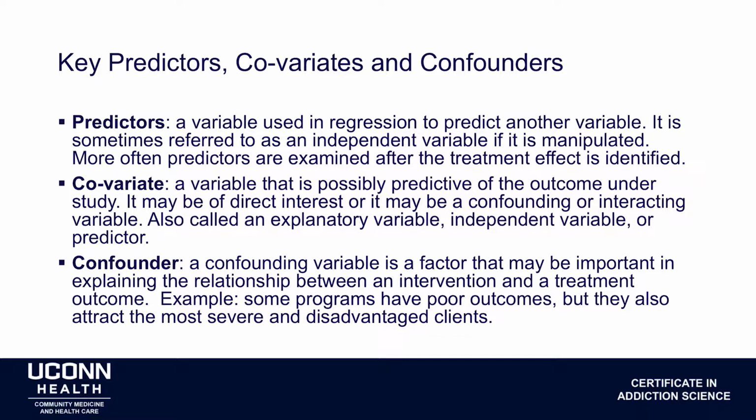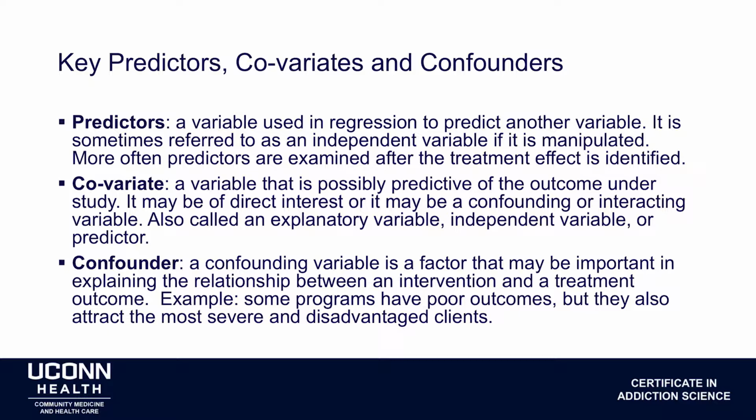So if the two groups assigned to a therapeutic intervention or a control group differ with regard to age, then you definitely want to use age as a covariate in your analyses by controlling for it to see whether your treatment intervention made a difference. The reason for that is that age could be a confounder. A confounding variable is a factor that may be important in explaining the relationship between an intervention and a treatment outcome.